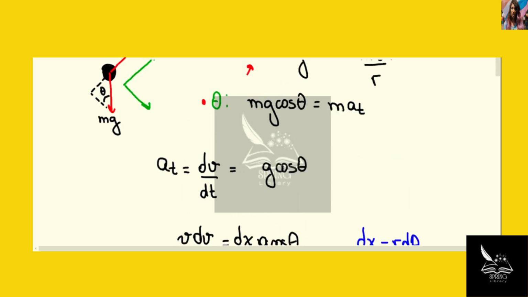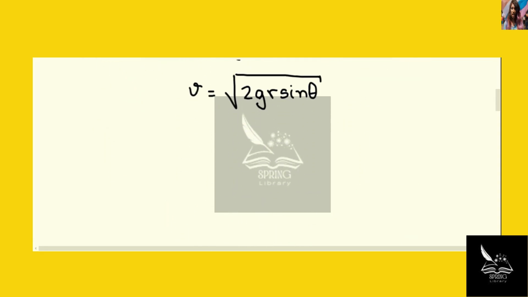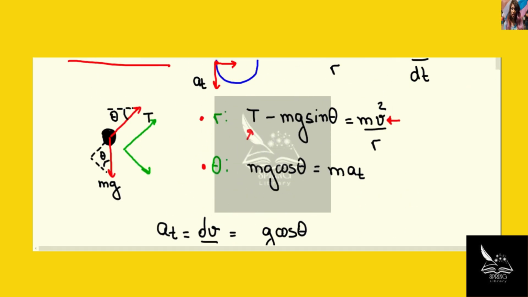Now we can go back to the equation for the r coordinate and substitute it there. So I'm going to isolate T. So I have that T is equal to m times g times sine of theta plus v squared over r.